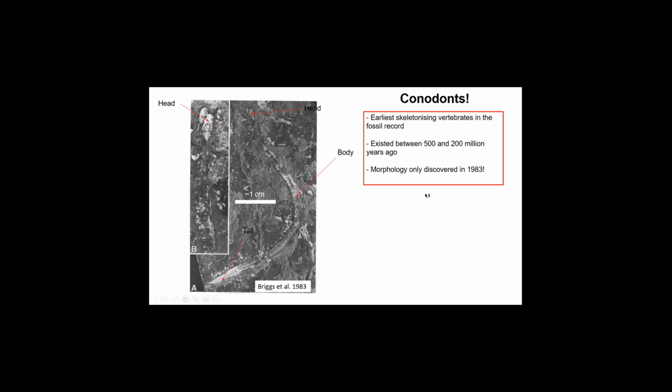Miraculously, it's still a pretty recent discovery. The animal was only really discovered in the early 80s, and that's because it's entirely soft-bodied, meaning that preservation is incredibly rare. But then you're probably wondering, well, if it's soft-bodied, where's the skeleton then? Which is a good question.